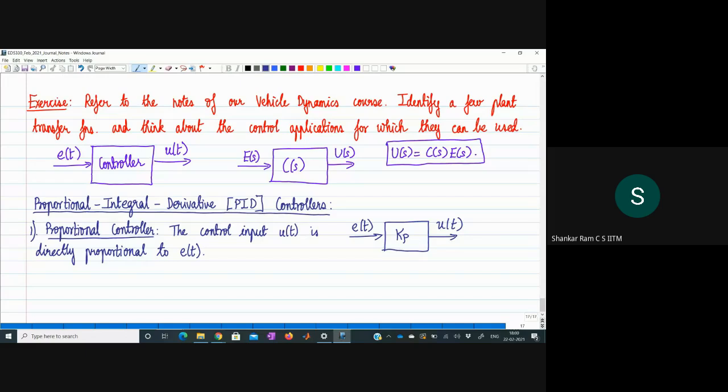It is the controller output, but it's a control input. I hope the subtle difference in terminology is clear. U of t is the input to the system or the plant, which is calculated by the controller. So consequently, it is called the control input. I hope the difference is clear, right?